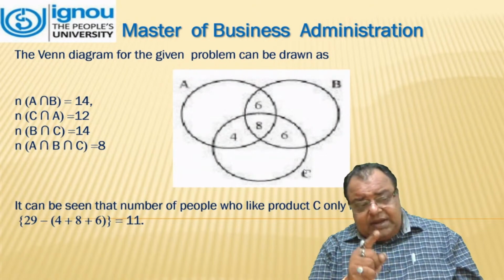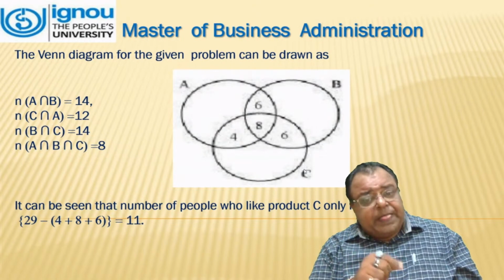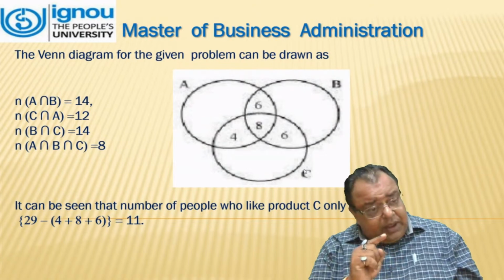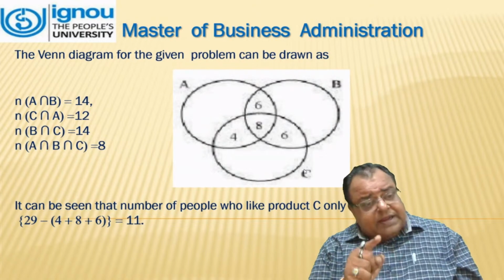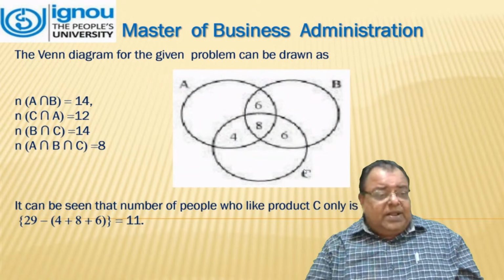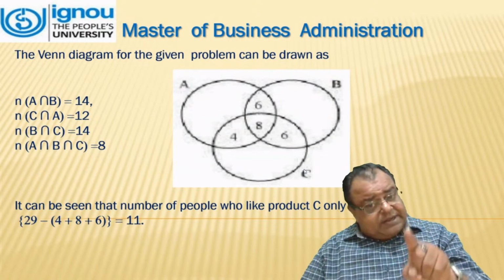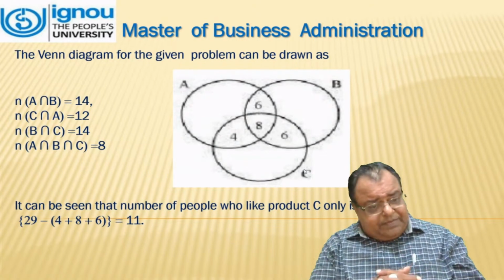And C intersection A is 12, 8 is included over there and 4 is here. And for B intersection C it is 14, 8 is already included and we get 6. And A intersection B intersection C is 8. At the center we get 8.